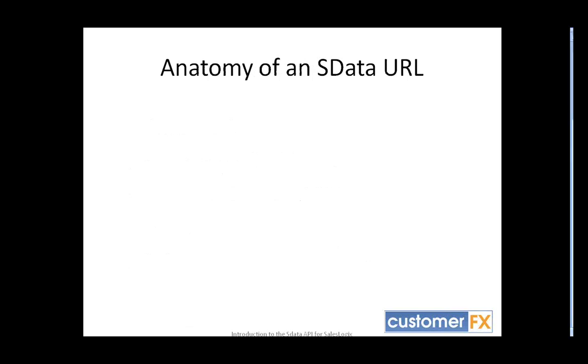Okay, so with SData returning this information as XML, you have the ability to consume that, if you're familiar with XML, really in any way you want. However, Sage does provide a client library in order to make a lot of this easier, and that's one of the things we'll be covering here in this call.